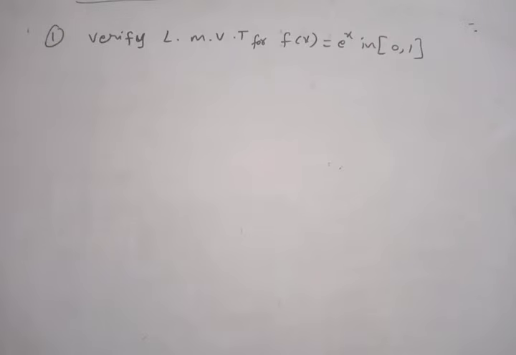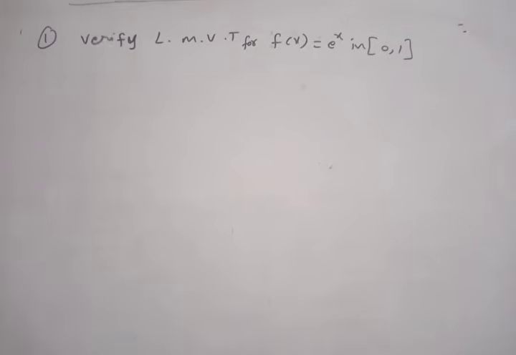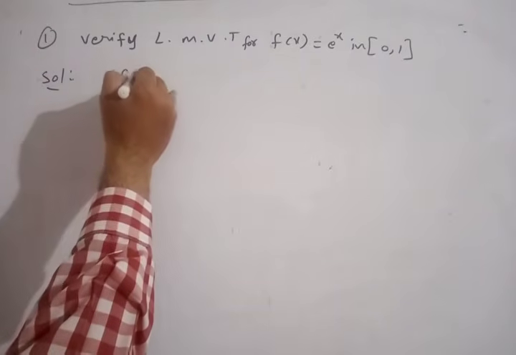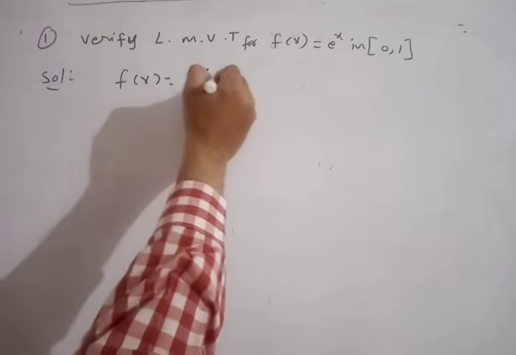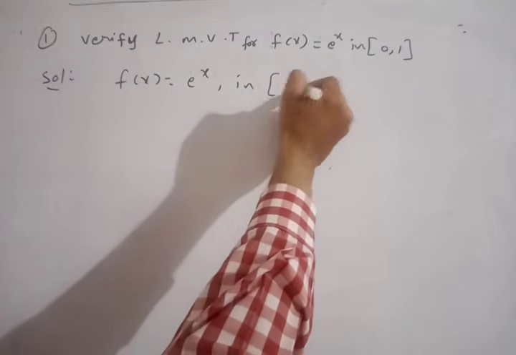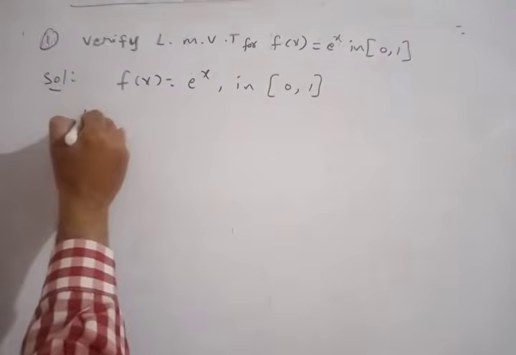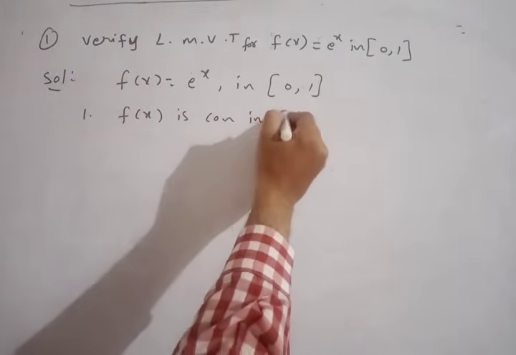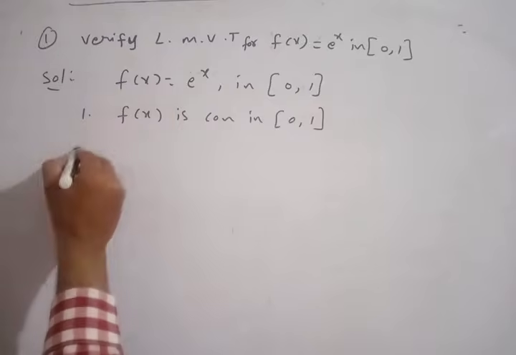Okay. Next problem. Verify Lagrange's mean value theorem for f of x is equal to e power x in closed interval 0, 1. Right? So first solution, how to solve? Given f of x is equal to e power x. What is interval here? 0, 1. F of x is continuous in closed interval 0, 1 since it is an exponential function.